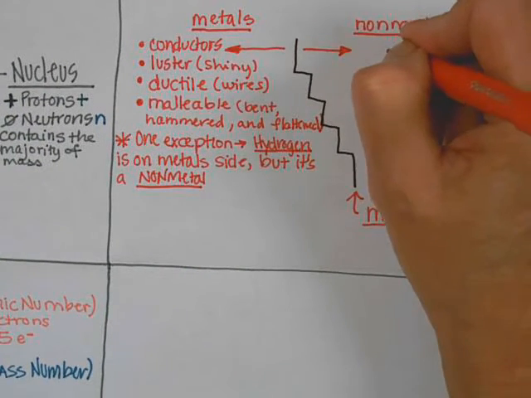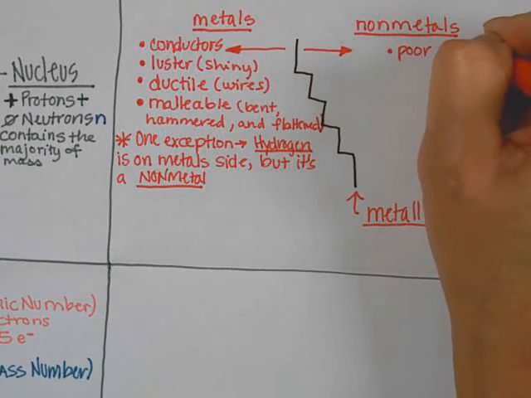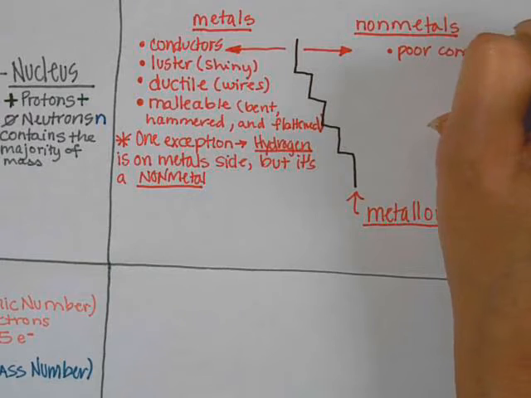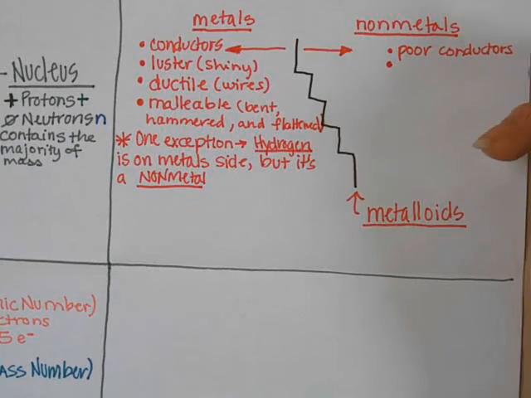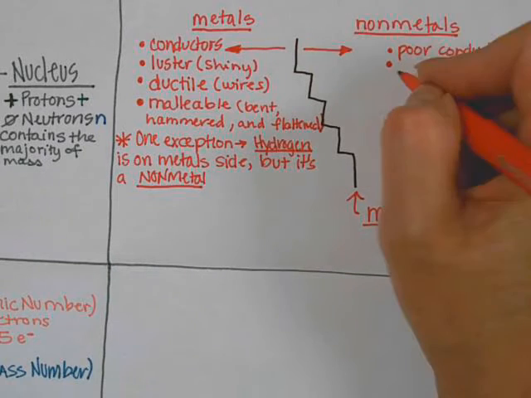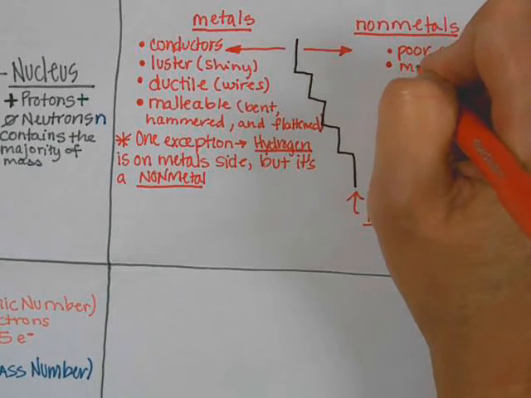All right, what about those nonmetals? Well, they're very poor conductors, could be considered insulators. Most are liquids or gases at room temperature.